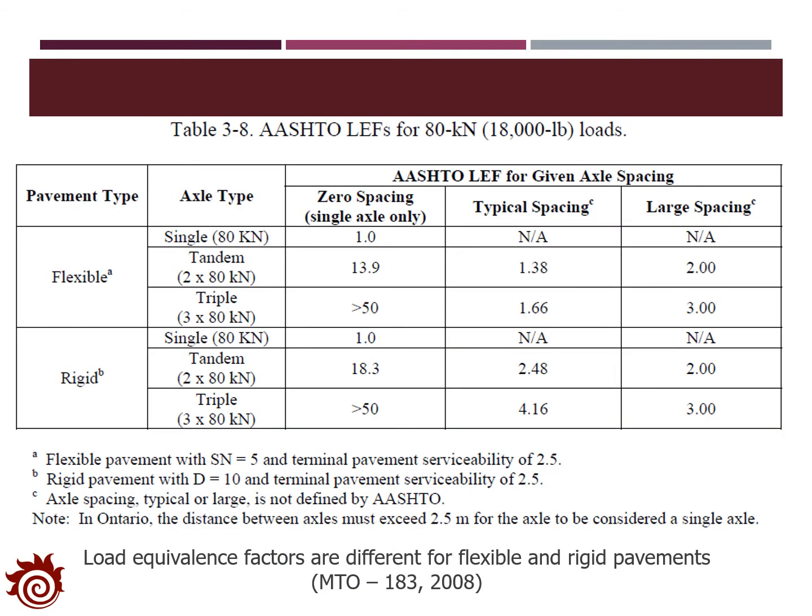Similar to the flexible pavement, we also need to define the load equivalency factor, LEF, to identify the damage of the truck applied to the rigid pavement. The table here compares the load equivalency factor applied for the flexible and rigid pavement, and the values are categorized for the axle types, including single, tandem, and tridem axles, and the spacing types, including zero spacing, which would be the single axle only, typical spacing, and large spacing.